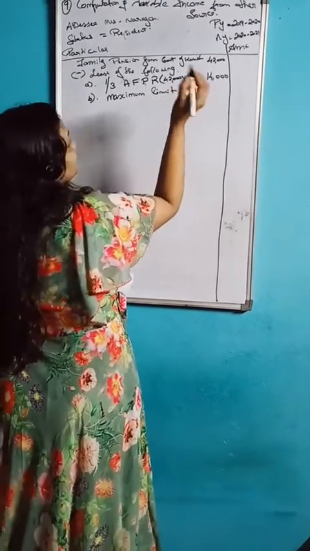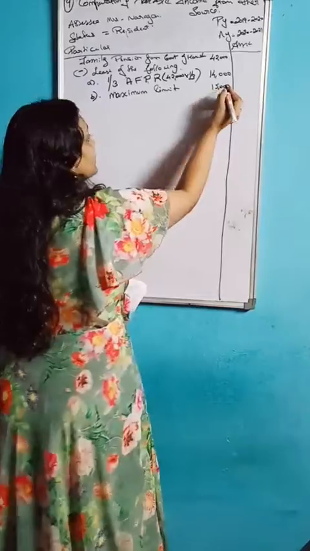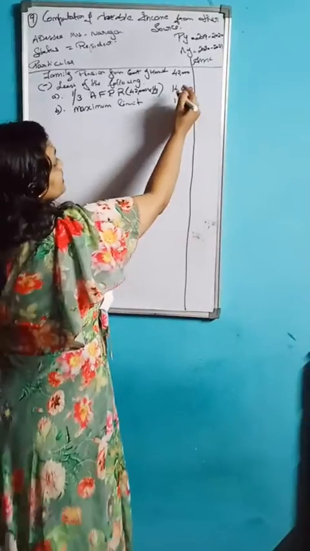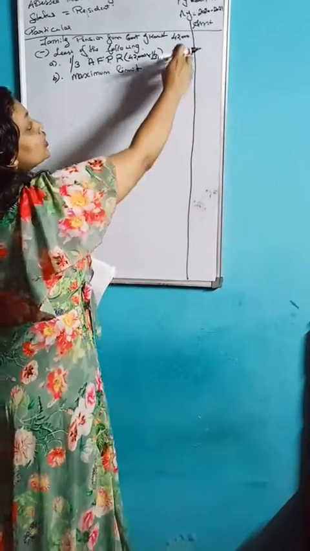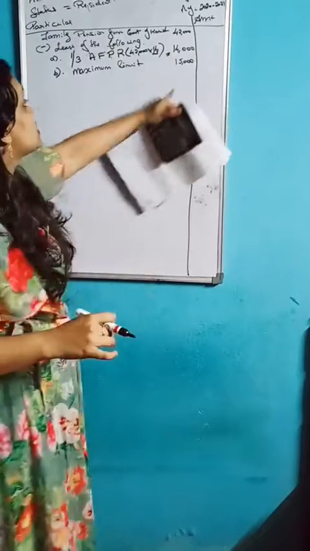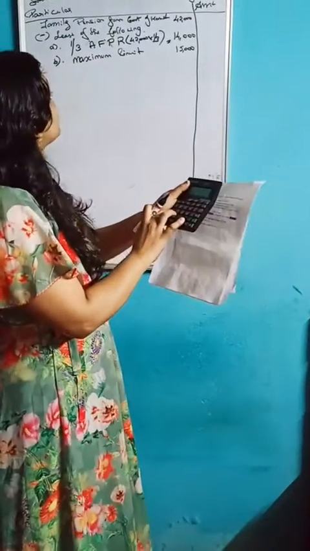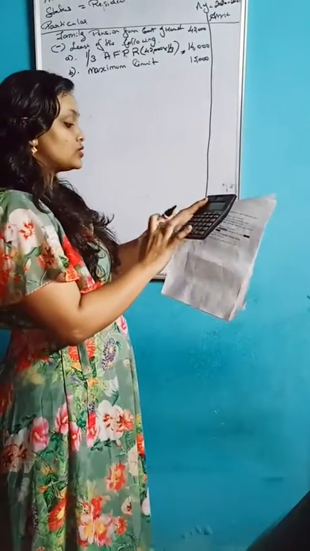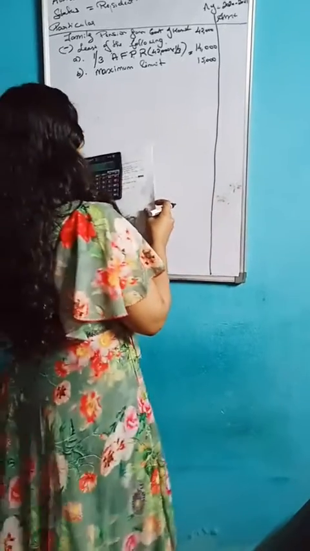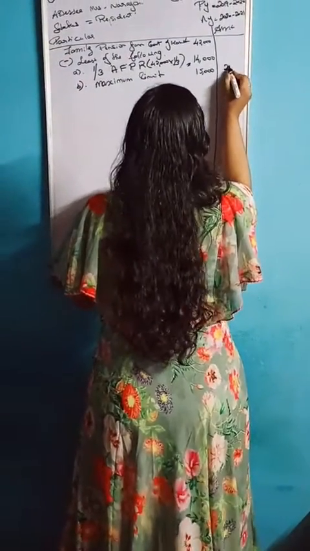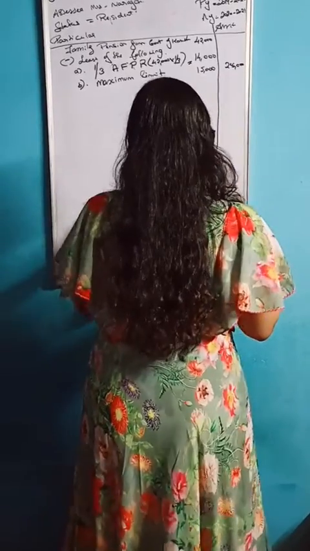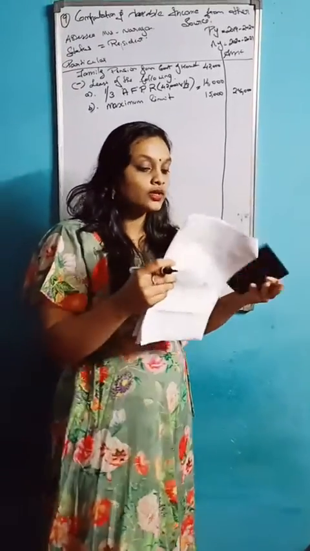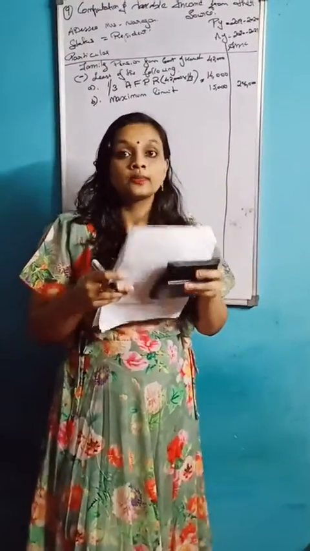And I told, whichever is less, that value we should take, isn't it? So this amount is less. So 42,000 minus 14,000, you will get 28,000. So this part is finished.